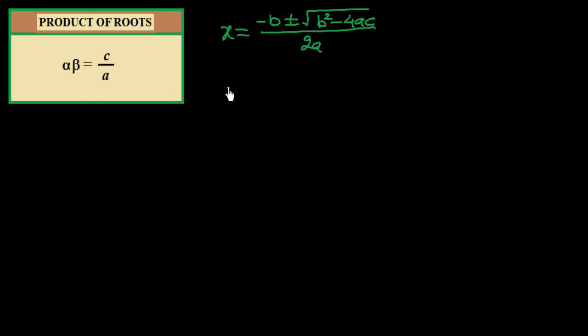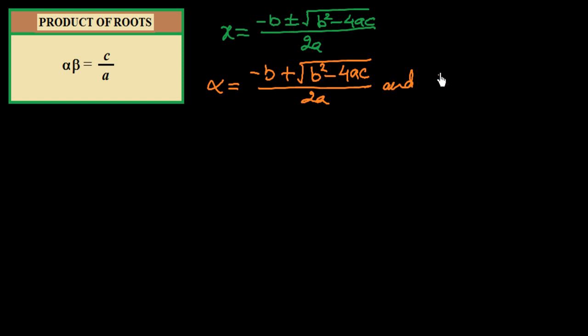If we take the positive sign, we assume that it is alpha. Root alpha is minus b plus square root of b square minus 4ac over 2a. And if we take the negative sign, we get beta. Root beta is minus b minus root b square minus 4ac over 2a. So these are our two roots.